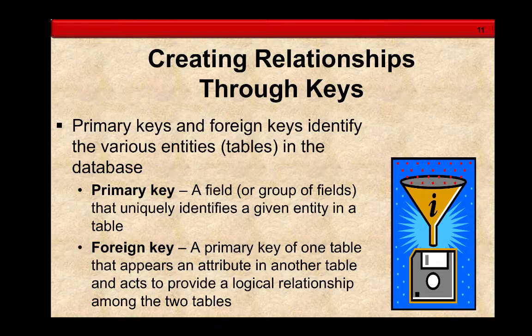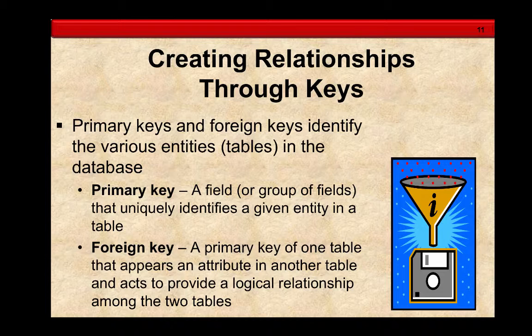We have that. The foreign key, which is a primary key of one table that appears in an attribute in another table. So because we have his unique identifier, which is his social security number, that is the primary key that connects to the foreign key that links to his wife's first and last name, because they are married now, so they are uniquely identified.